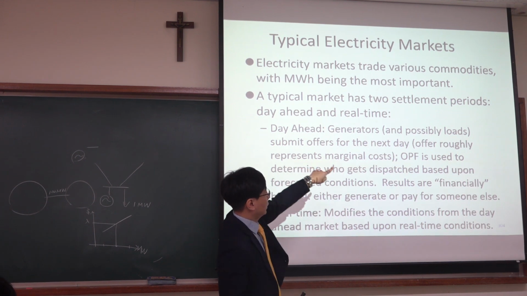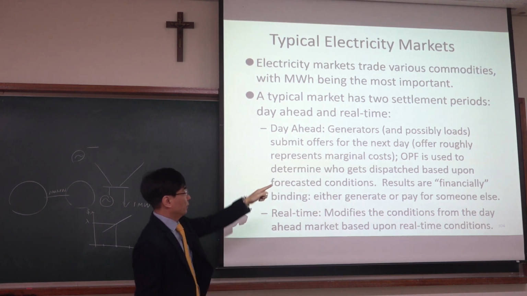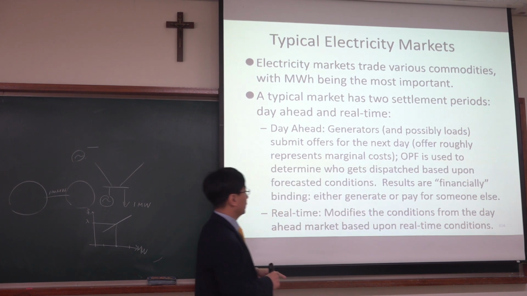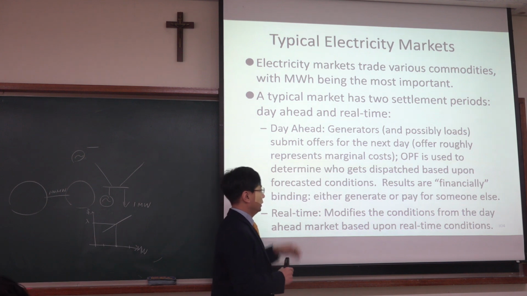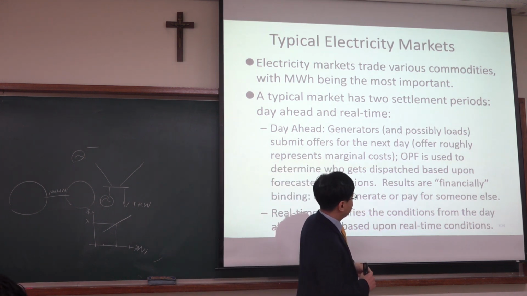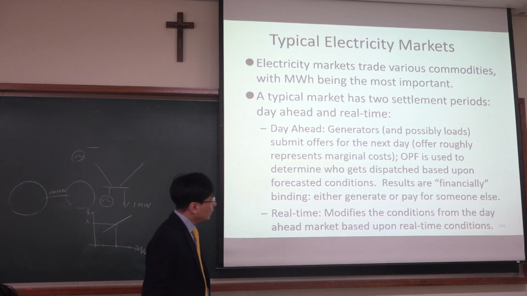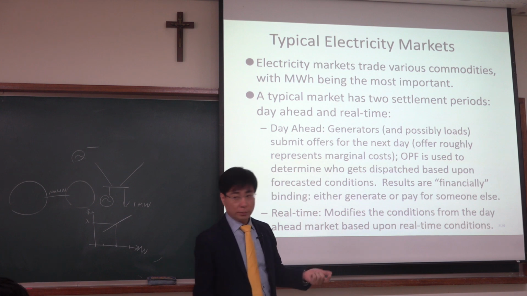day ahead generators and possibly loads submit offers for the next day. OPF is used to determine who gets dispatched based upon the forecasted conditions, and the results are financially binding, either generator or pay for someone else. But in real time, they have a chance to modify their bid.